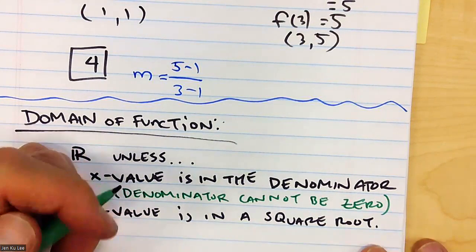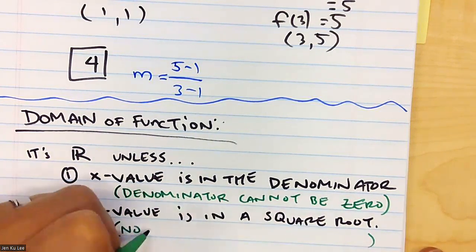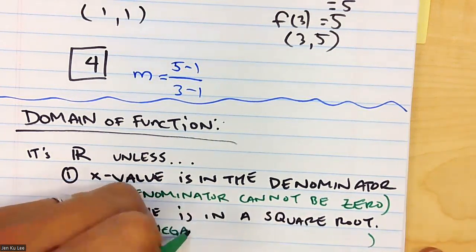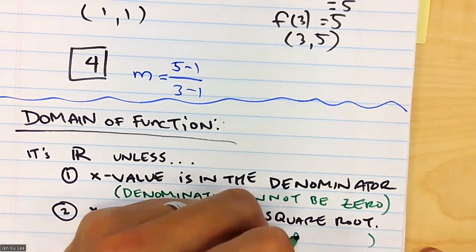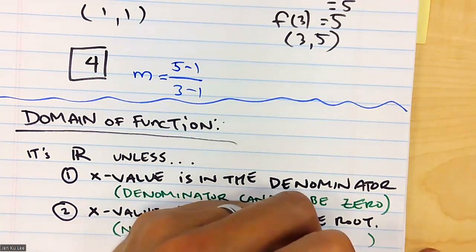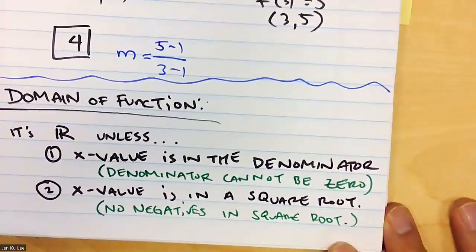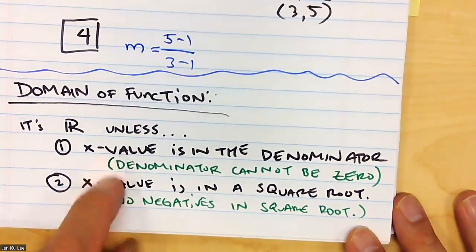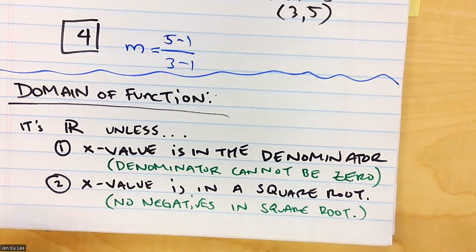And this one, the rule would be no negatives in the square root. So you just have to make sure that it's all real numbers unless one of these two occurs. Make sense? I'll give you some time to write it out.